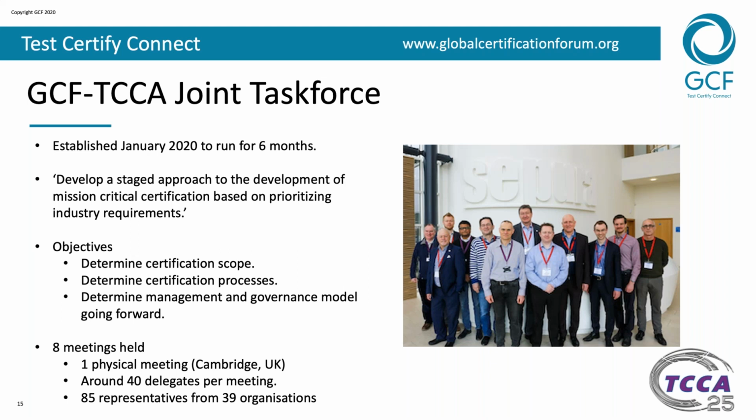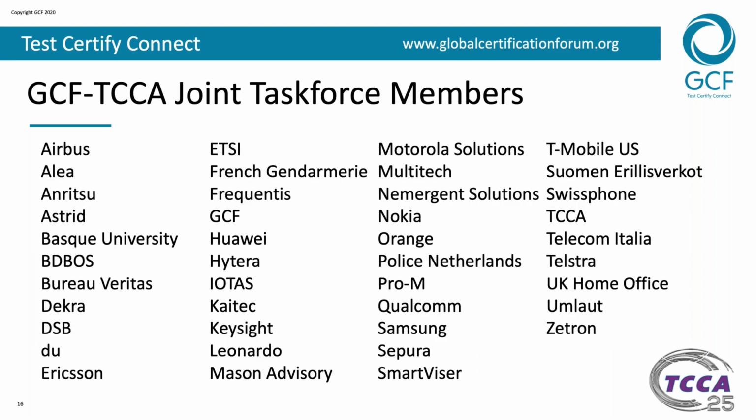So we held 8 meetings, most of which were web conferences. We did have one blended meeting, kindly hosted by Sapura at their place in Cambridge, just before the UK lockdown occurred in March. We had roughly 40 delegates per meeting, with 85 representatives from 39 organisations, and you can see the names of these organisations on this slide.